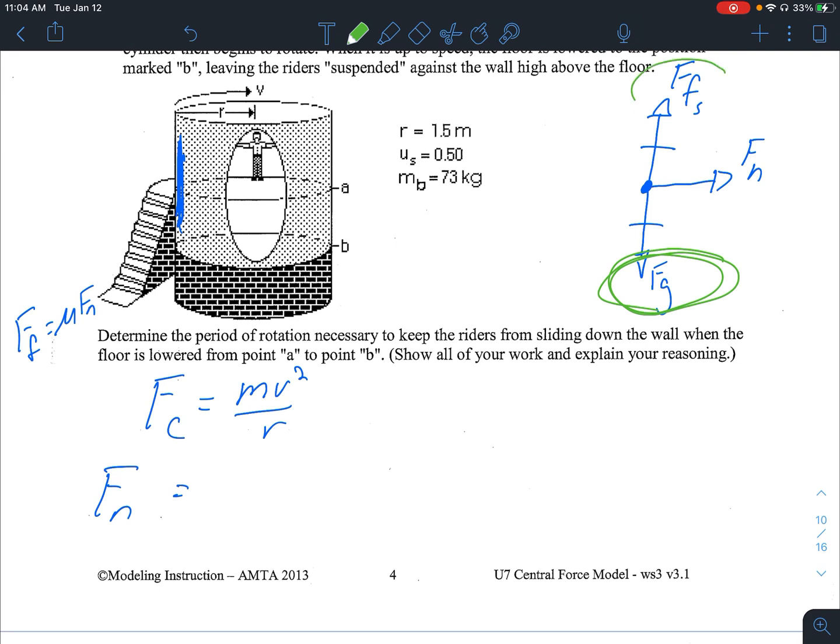That will be equal to friction, and then using the friction equation, we're looking for normal force, so normal force is equal to force of friction divided by mu to get that. So you'll be able to eventually solve for velocity.